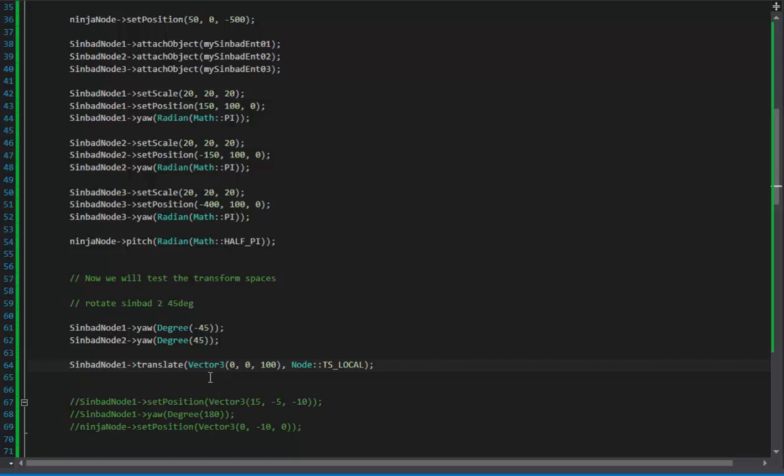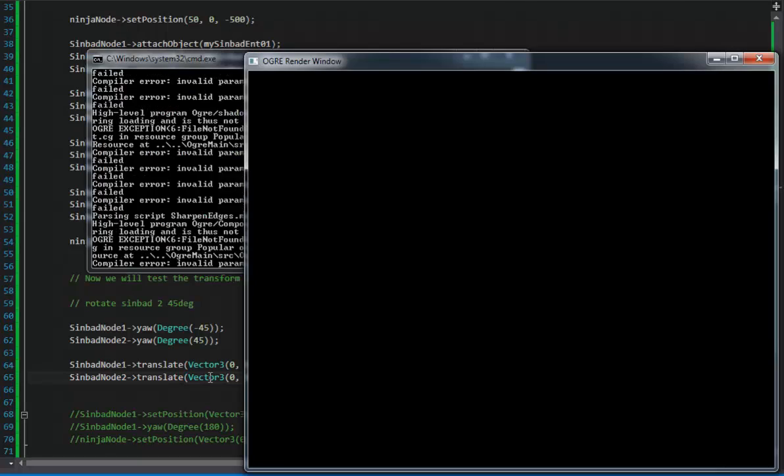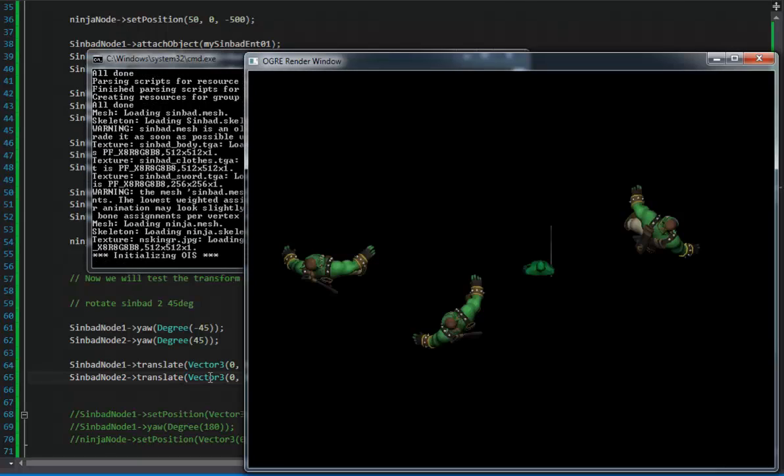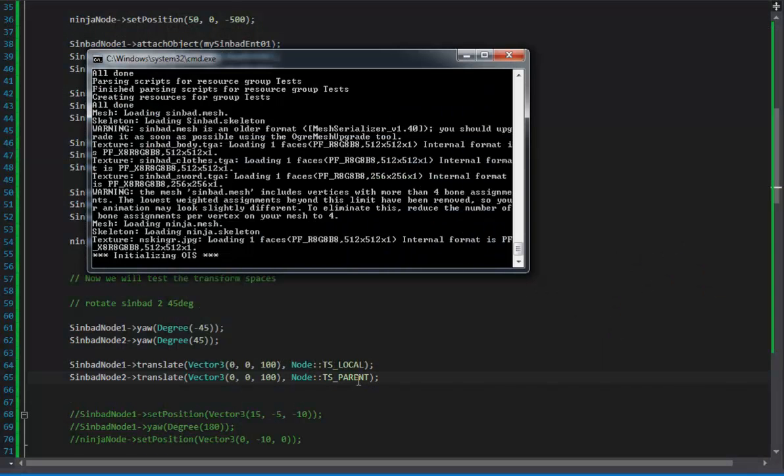axes of the parent. So let's take Sinbad node 2 and move it by the same amount, 100 units, but this time with TS parent. With respect to TS parent, since I'm using a positive value, I'm saying I want to move 100 units along the positive z-axis in the parent coordinate system.